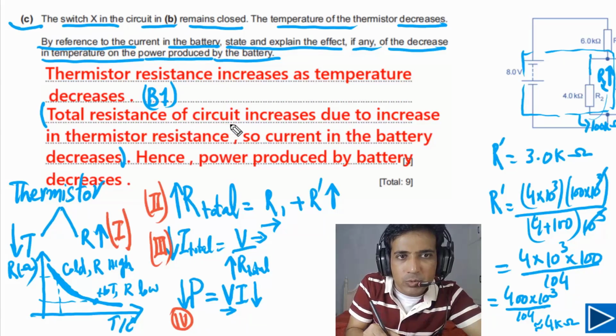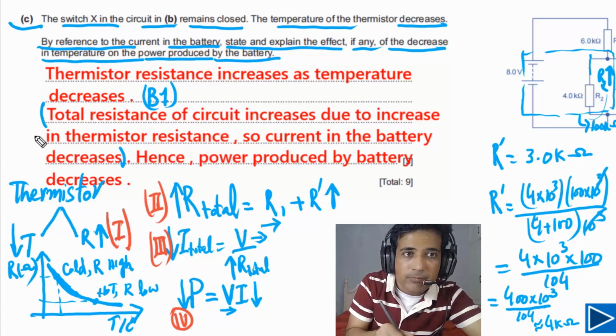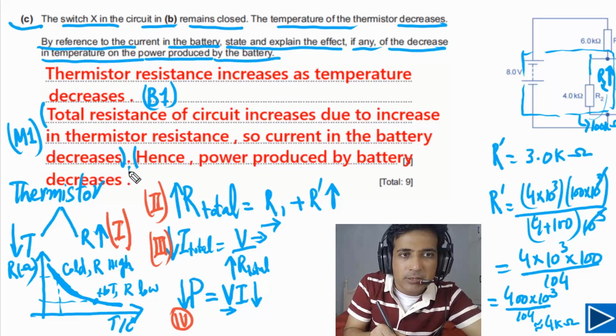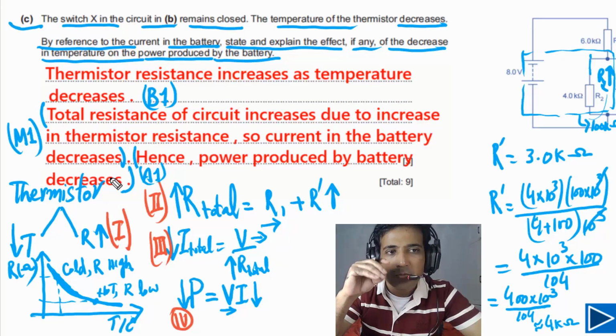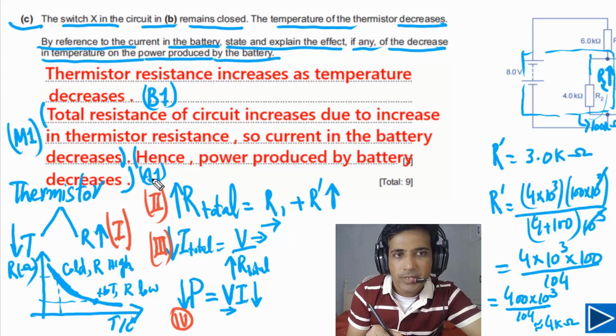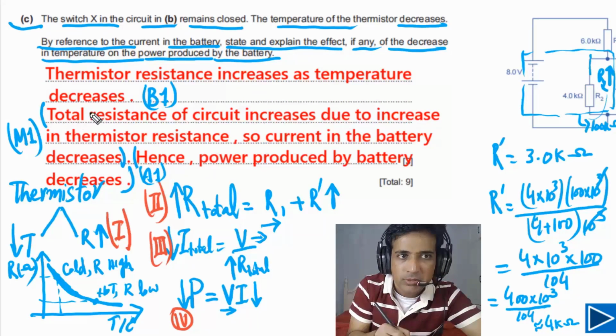If you have mentioned total resistance of the circuit increases due to increase in thermistor resistance, so current in the battery decreases, you will get 1 mark, and that is the M mark. And the last mark is if you have mentioned power decreases, and this is the A mark. The M mark is a must mark. You must get the M mark to get the A mark. Even if you have written power produced by the battery decreases, but this point is wrong, you will not get any mark. So you need to get the M mark to get the A mark.